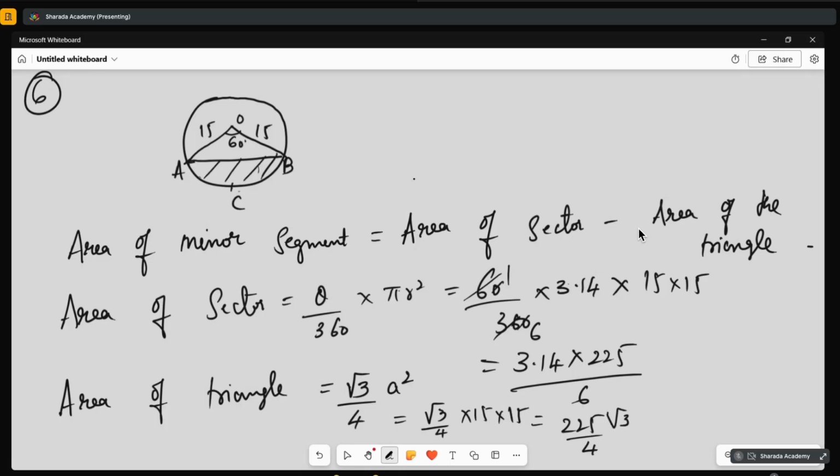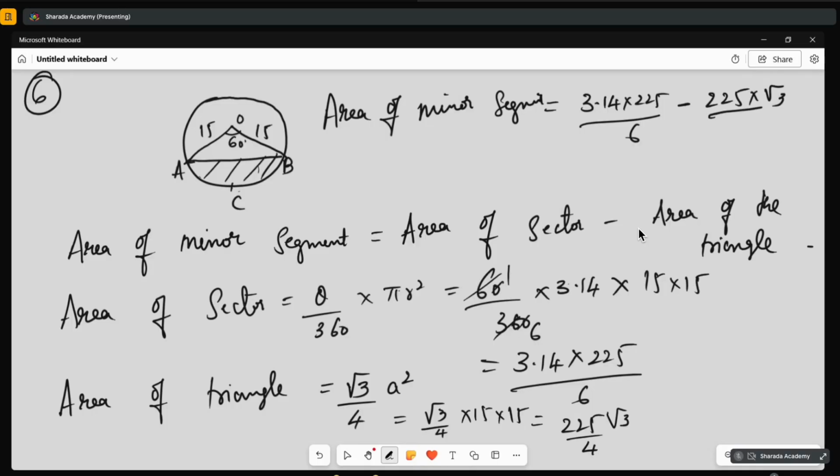Okay. So what will be the area of the minor segment? Here 3.14 into 225 by 6 minus 225 into root 3 by 4.